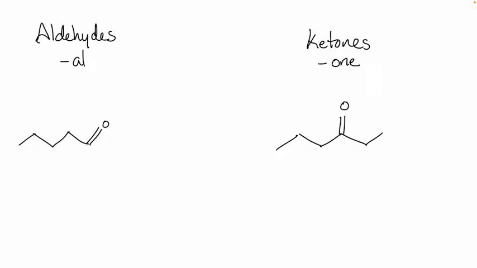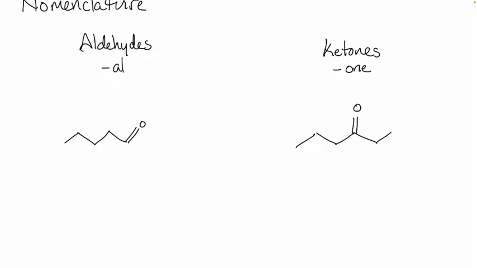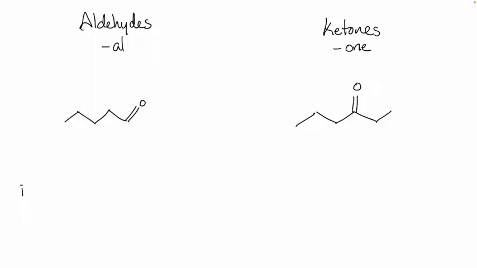So the first step, as always, and let's just explicitly remind ourselves of how we do the nomenclature, is we got to find that parent chain, that longest continuous set of carbons. That's always our first step.